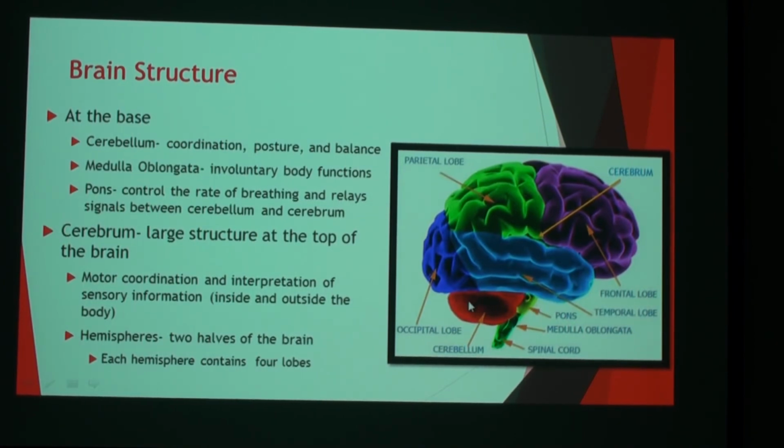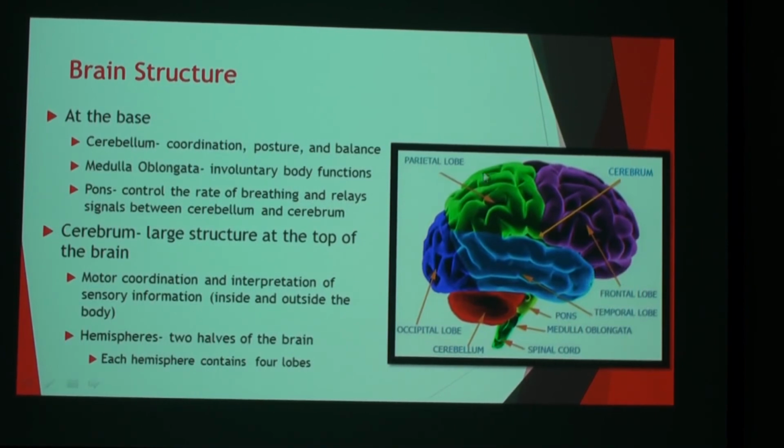Like we said, the cerebellum is right here in red. This is the pons, and this is what connects the cerebellum to the cerebrum, right here. So the cerebrum is the large structure at the top of the brain, right here.